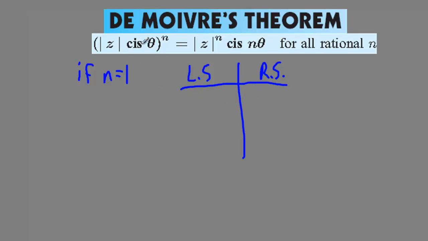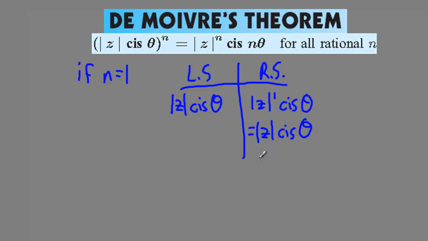On the left side, if n equals 1, we get the modulus of z, cis theta. And on the right side, we would get the modulus of z to the exponent 1, cis 1 theta. So obviously that is the modulus of z, cis theta. So the first domino will fall.